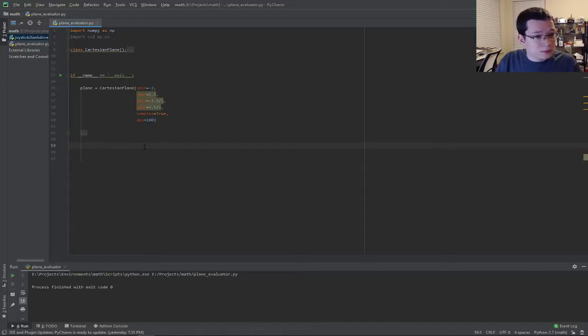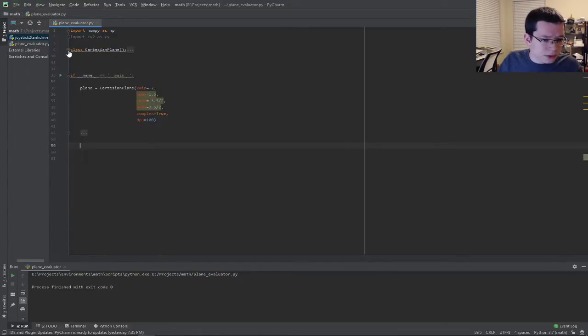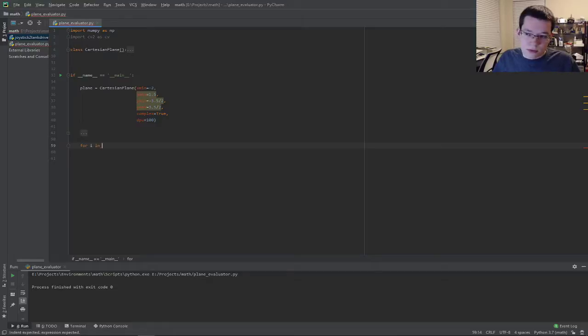Now, what I'm going to do is evaluate that expression. So, for iteration in range, we'll say 100 iterations.